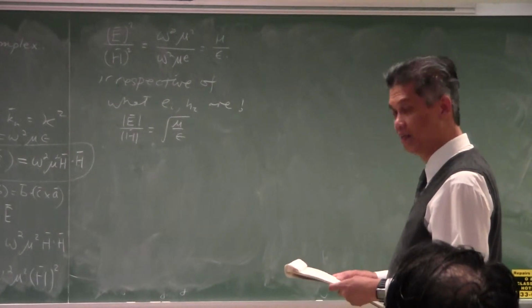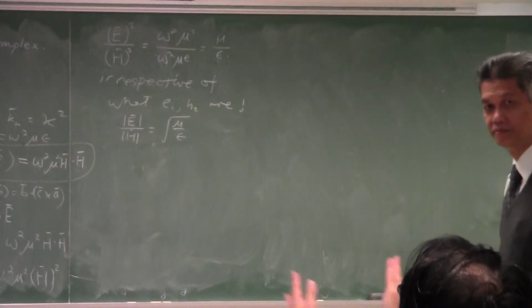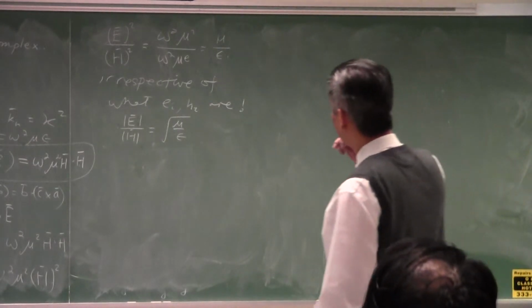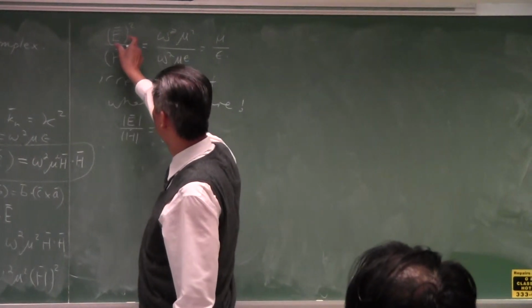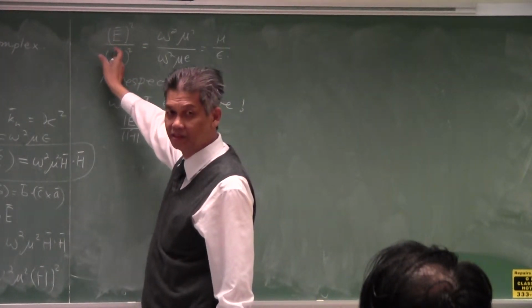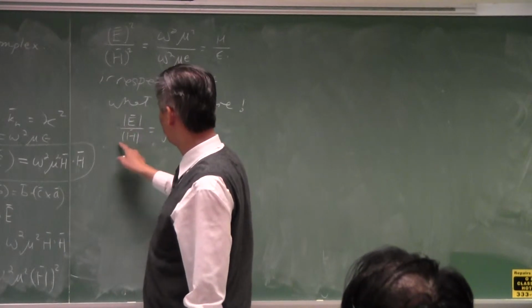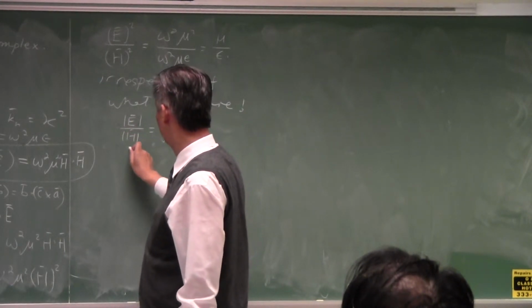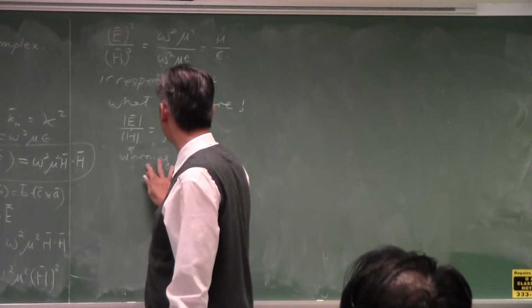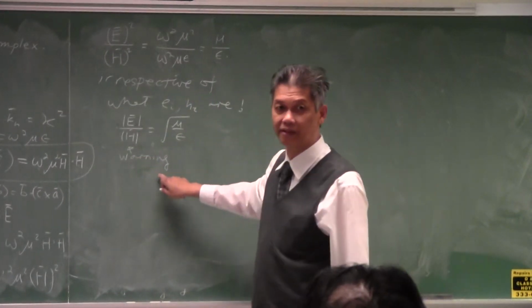Right. Should we add the absolute value on both sides, because we take absolute value on the left-hand side? Yeah, I hate to put an absolute value over here, because absolute value often means complex conjugation. So even if I put an absolute value here, I should have a warning sign saying that there's no complex conjugation when I multiply the two things together.